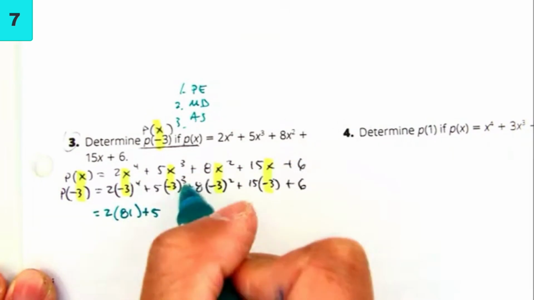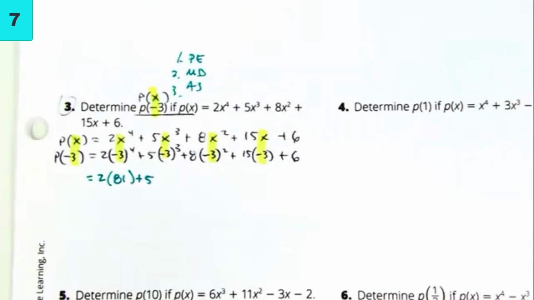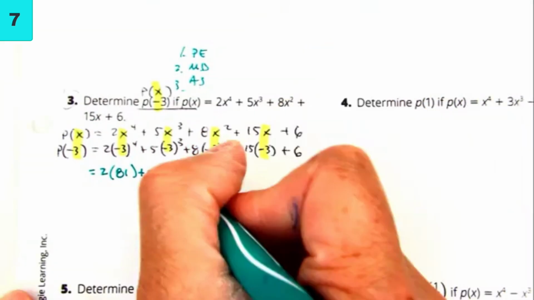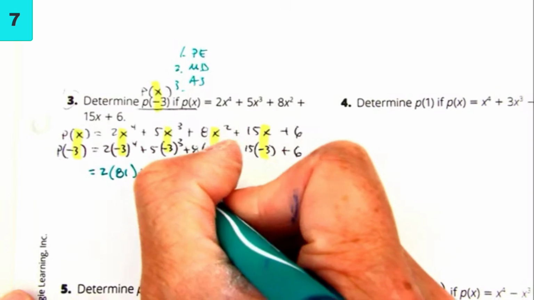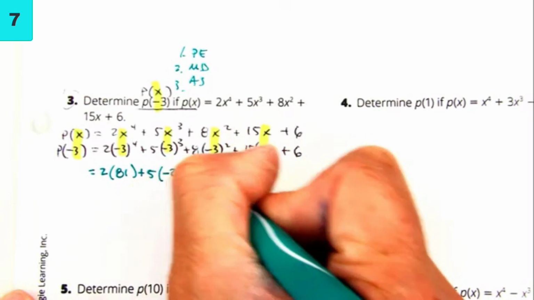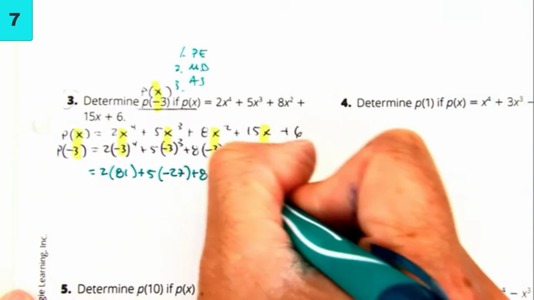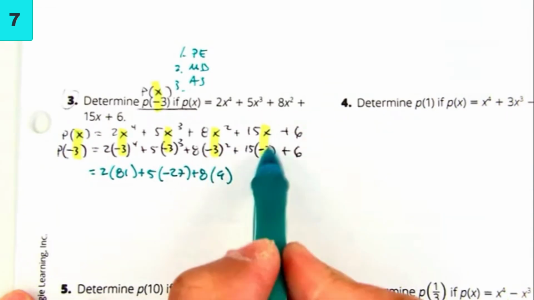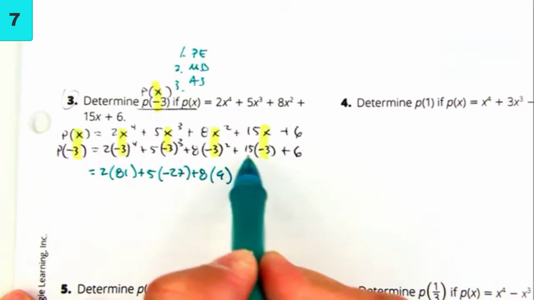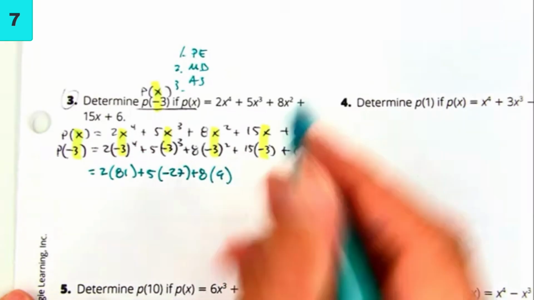Class, negative 3 to the 3rd power? Class, negative 3 squared? And I have no exponent, so I can just multiply here. 15 times negative 3.